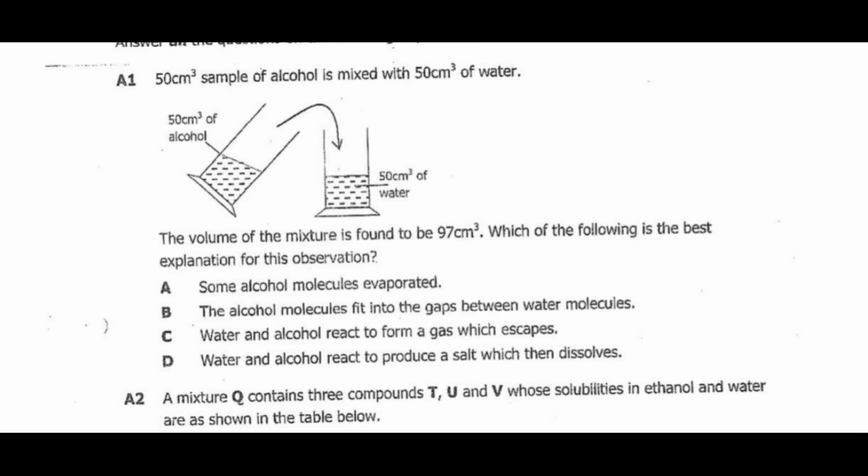Question 1 reads: 50 cubic centimeters of alcohol is mixed with 50 cubic centimeters of water. The volume of the mixture is found to be 97 cubic centimeters. Which of the following is the best explanation for this observation? The key point here is, if we add these two volumes, we expect the total volume of the solution to be 100 cubic centimeters.